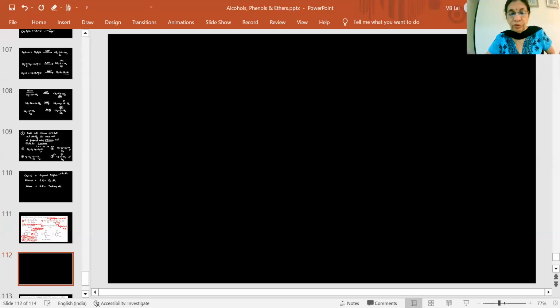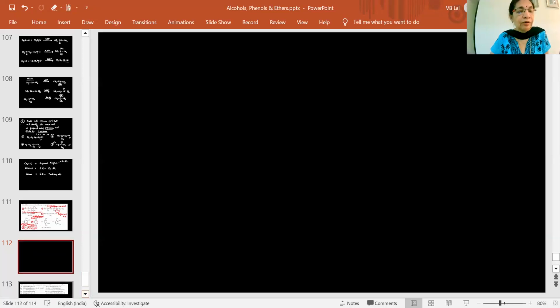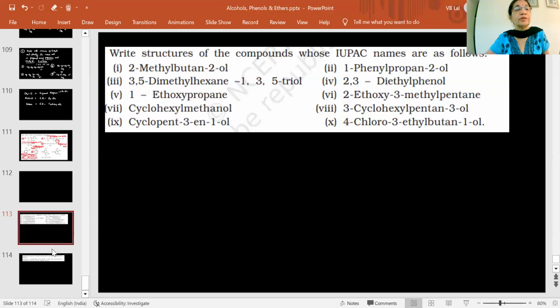Okay. Now let us go to the next one, where you have the names and you have to write the structure. So we'll practice 1 or 2 out of these. So first one, 2-methyl butane 2-ol. If the name is there, it is not difficult to write the structure. So what is the word root? But.